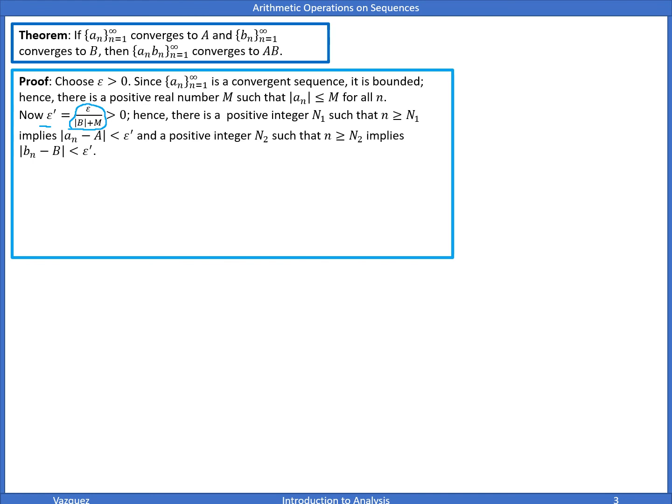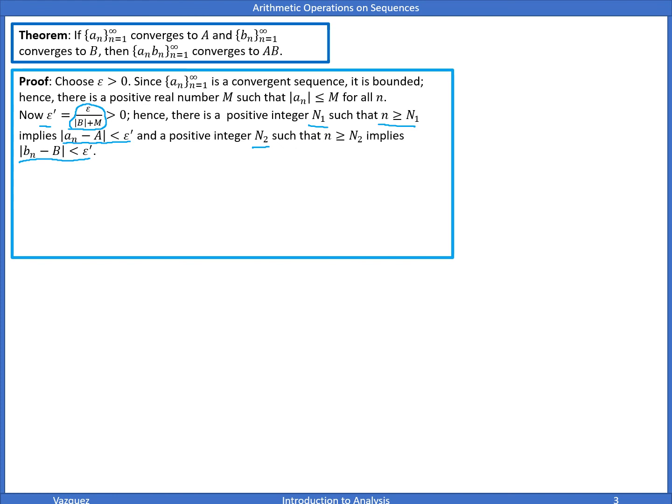So if epsilon prime is greater than 0, there's a positive integer n1, just like in the first proof, such that an converges to a. Same thing with n2 for the convergence of bn to b, right? Because we're assuming that both of those converge to their respective limit.